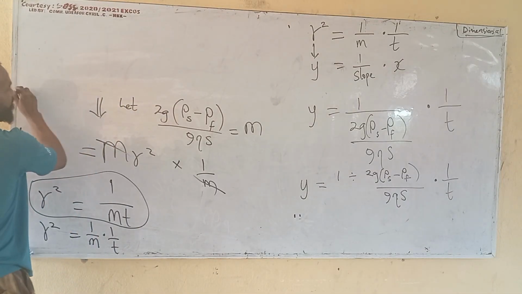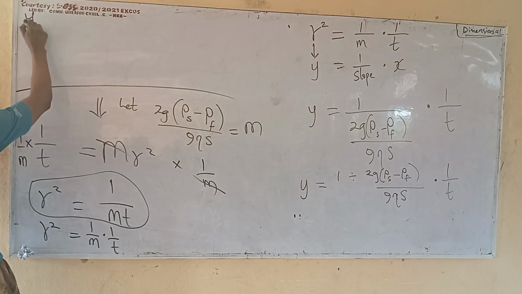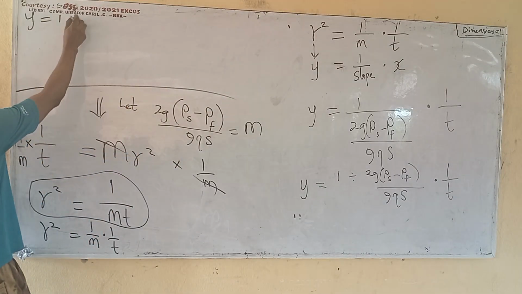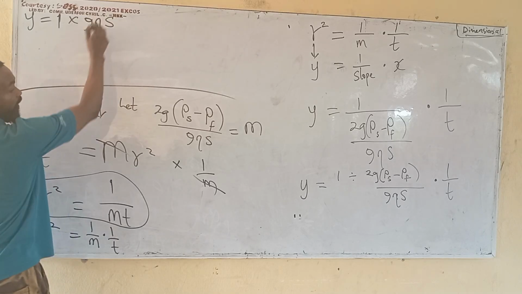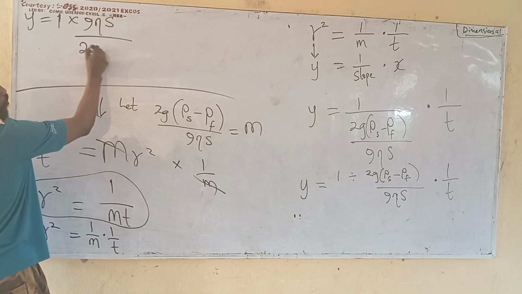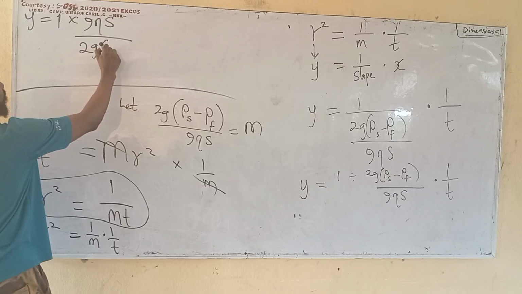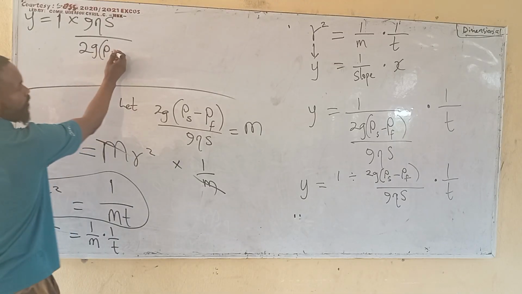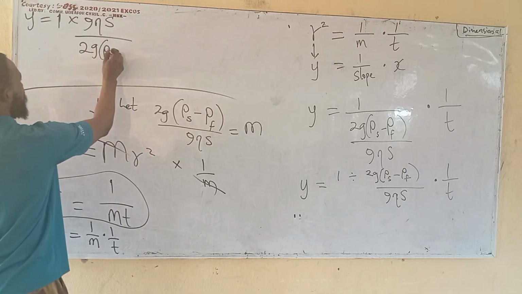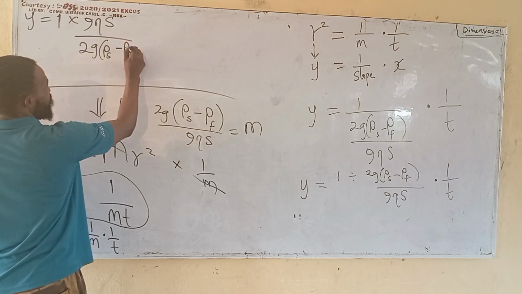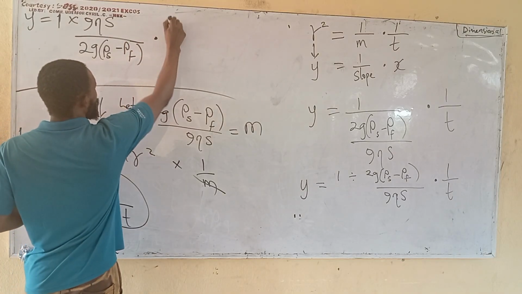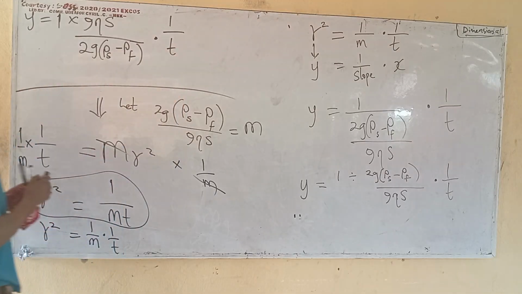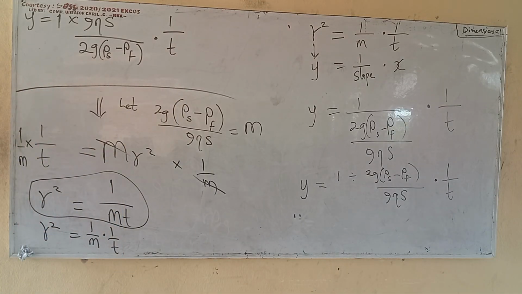So I now have y equals 1 times 9 eta s all over 2g(rho s minus rho f) times 1 over t. And we know that anything times 1 is that thing.